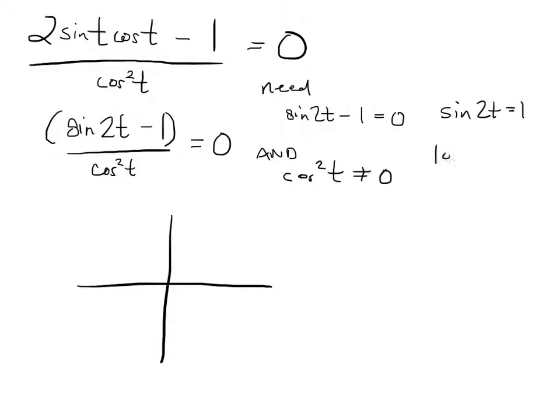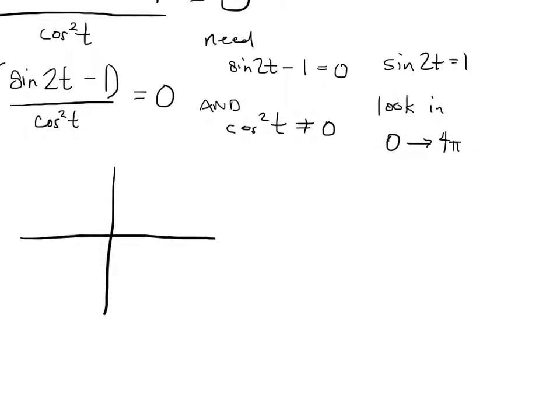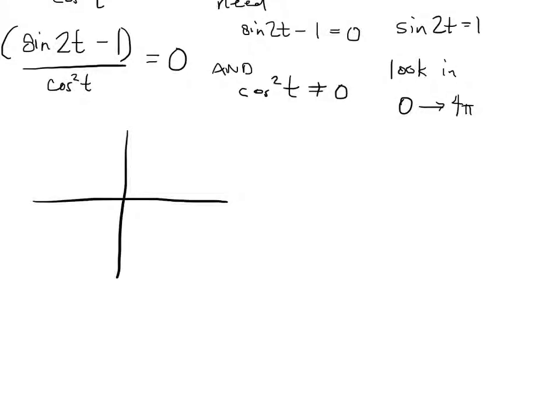We have to look in 0 to 4 pi for answers because of this 2 here. You remember that little wrinkle? If we want our answers to come from 0 to 2 pi, that refers to t, not to 2t. So 0 to 4 pi on the unit circle is 1 time around, 2 times around.